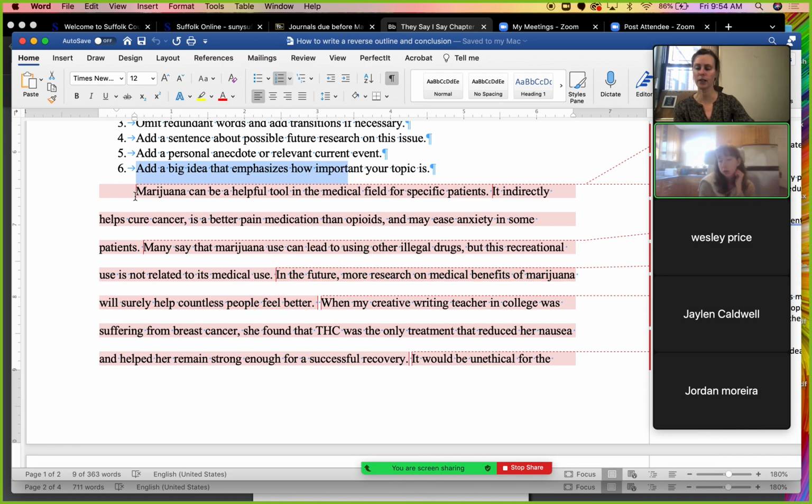So once I've written this, I just pop it in underneath my counter argument, save it, close the essay, and put it aside for a few hours or a full day if I can. Then you go back to it and you just do proofreading.